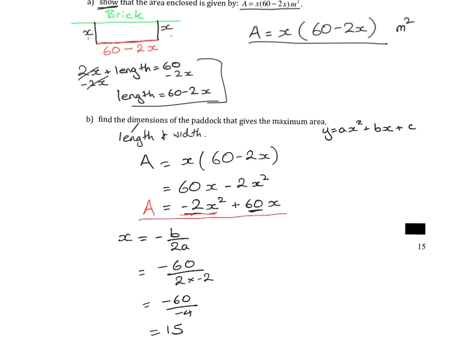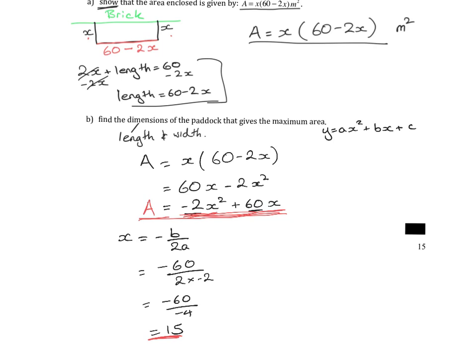That's the area expression, and you can't rearrange it onto the other side of the equal sign because it's not an equation. So a is negative 2 and b is 60. We can't move it to the other side of anything. So we found the x value that gives a maximum for this quadratic function, or in other words, this area.